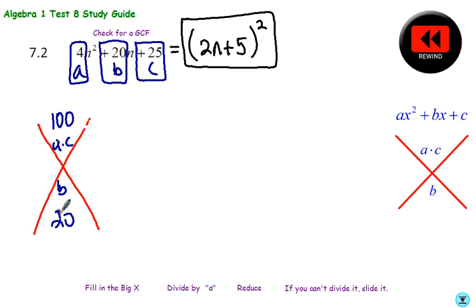So what multiplies to 100 that adds up to 20? Well, that would be 10 and 10. And both positive, right, because we're adding up to a positive 20.